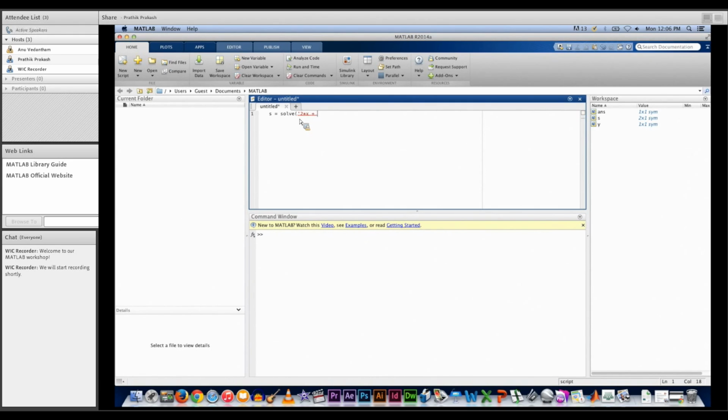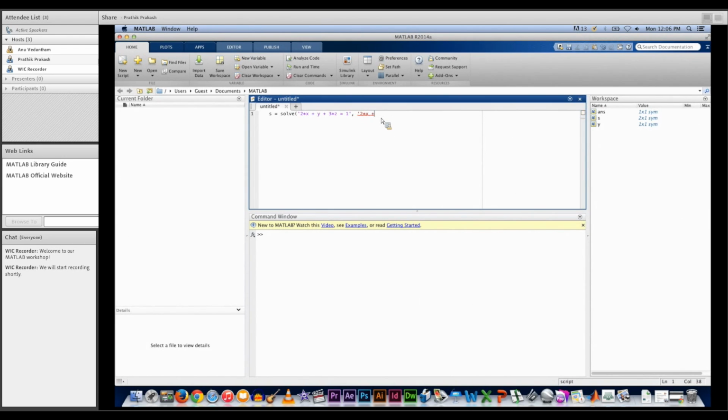So 2x plus y plus 3z equal to 1. So this is our first equation. We just type it in there, and the second equation is, whenever you're typing a multiplicative term, you put a star in between the values.